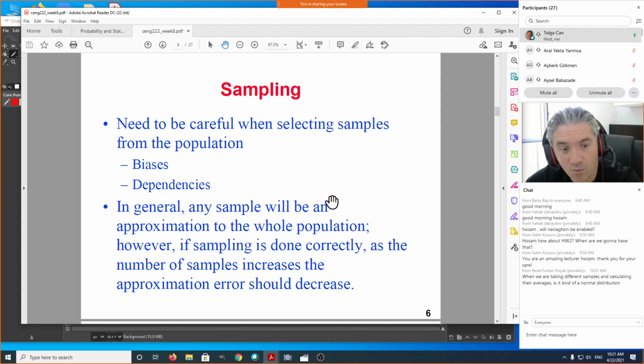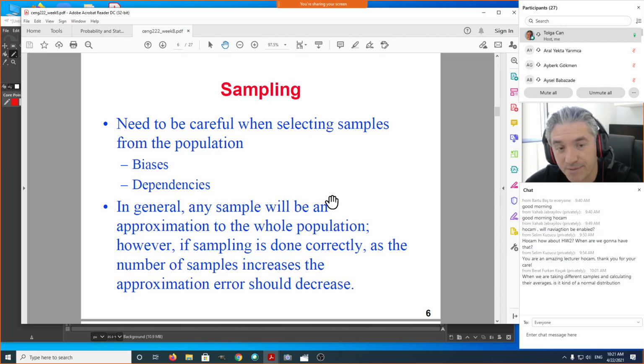Also, for example, if you select your second data point from the same family, those two data points are not independent from each other. They have influence on each other. You want the data points in a sample to be independent from each other as much as possible.